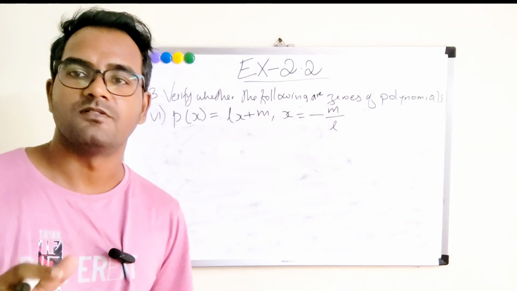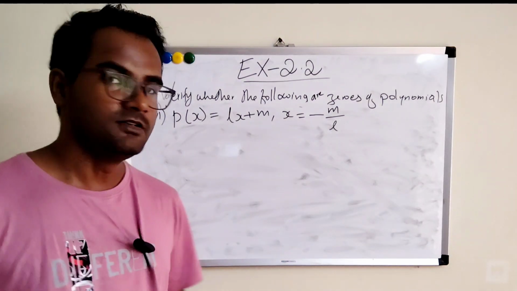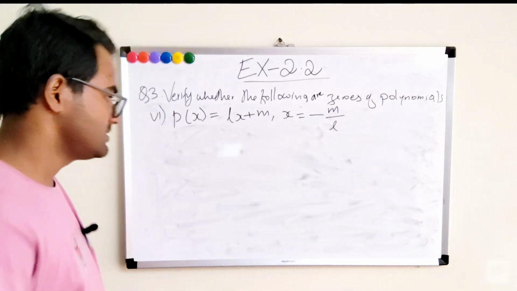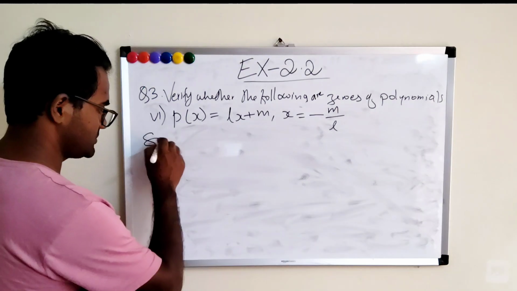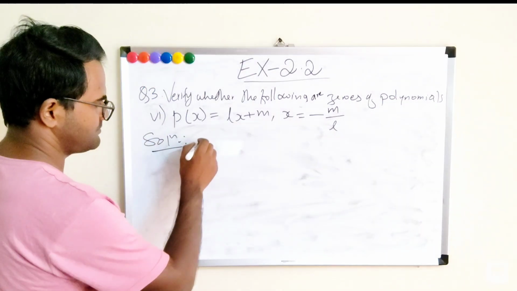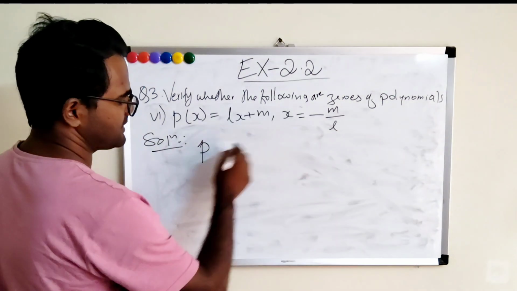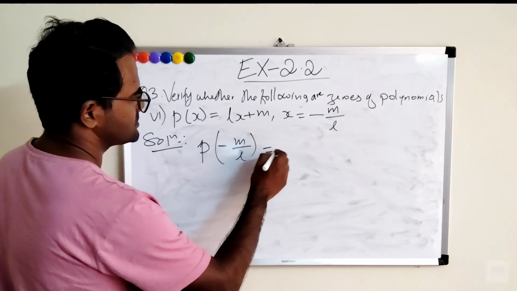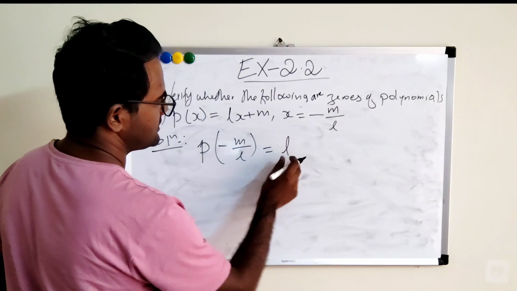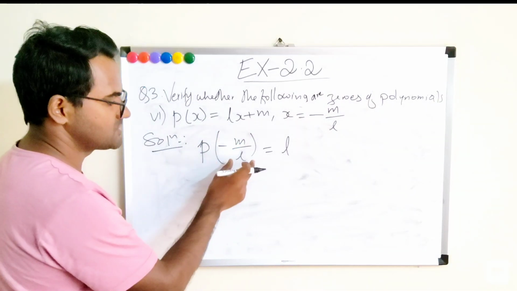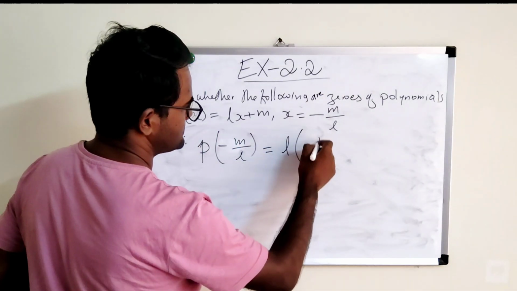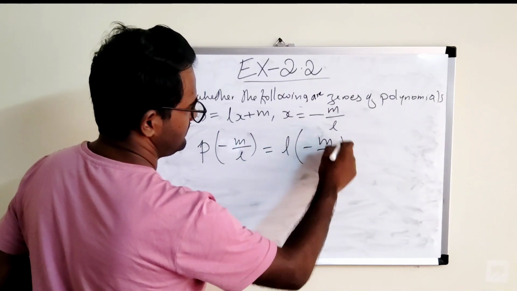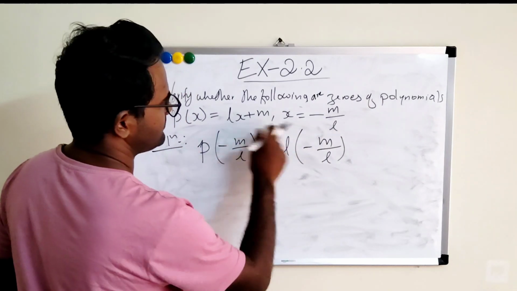Now let us solve the next one, number 6, right? So how do we solve it? Solution. P of, the value of x we have to put here, that is minus m by l. So in place of x we are going to put minus m by l, then we have plus m.